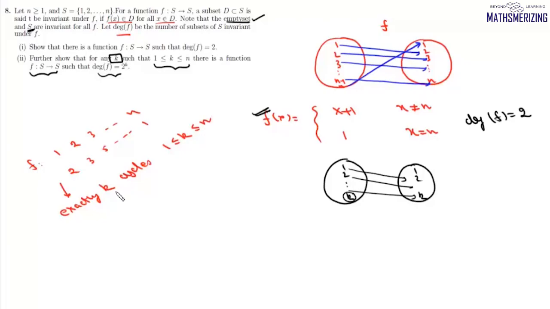Now if we consider each cycle as a subset, then we'll have D1, D2 and Dk subsets which are disjoint and bijective.